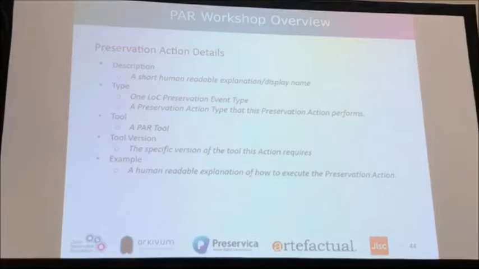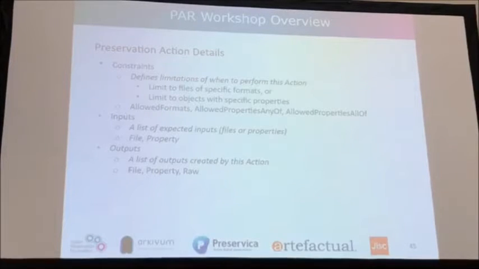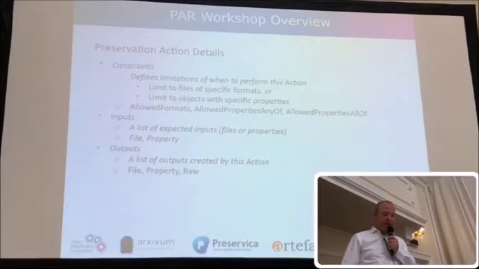And then, beyond these elements, you can get into describing your preservation actions in a little bit more technical detail. So we have the concept of constraints, which has three properties we described: allowed formats, allowed properties any of, and allowed properties all of. That allows you to decide that this preservation action only works with specific files in specific formats.